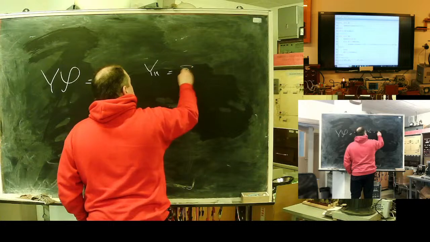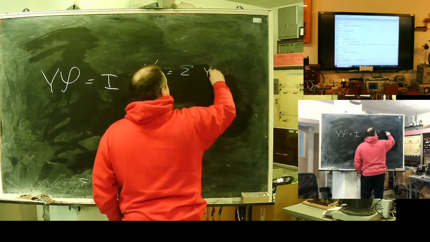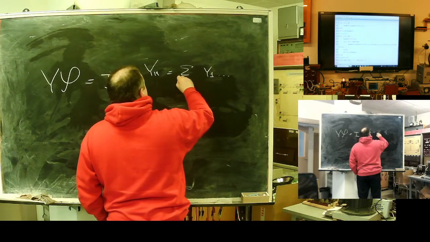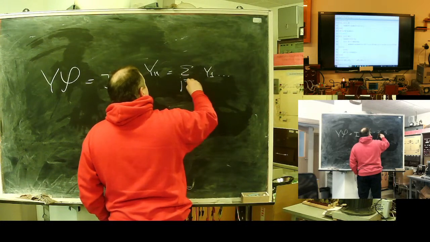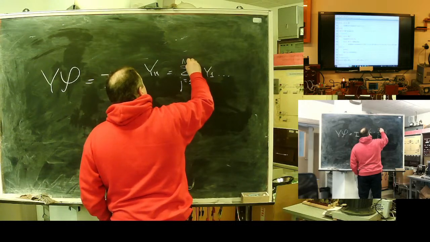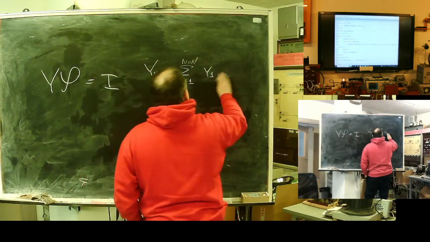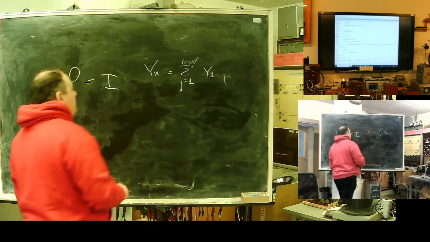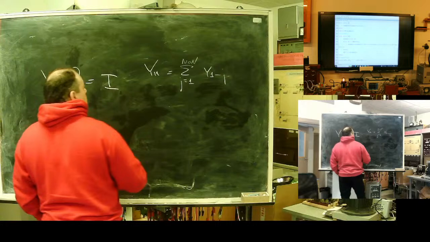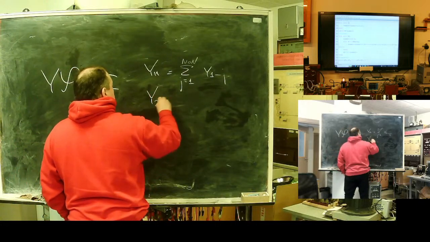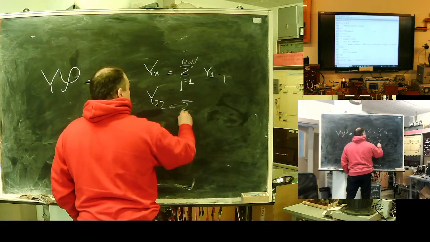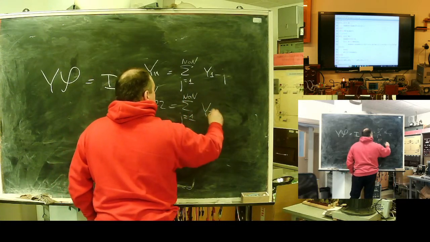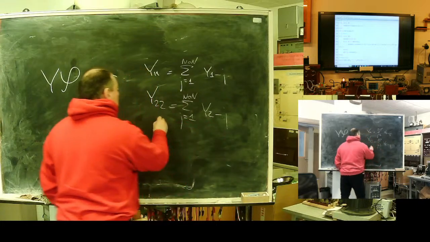Y11 is a sum of Y1 from 1 to number of nodes. The main diagonal is a sum over the number of nodes of Y2 and so on.